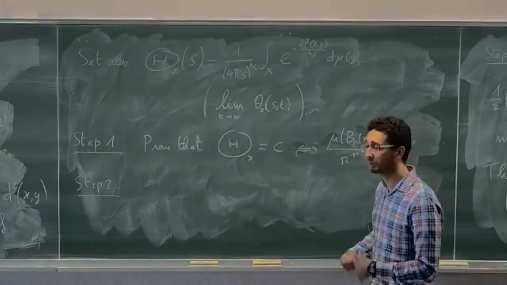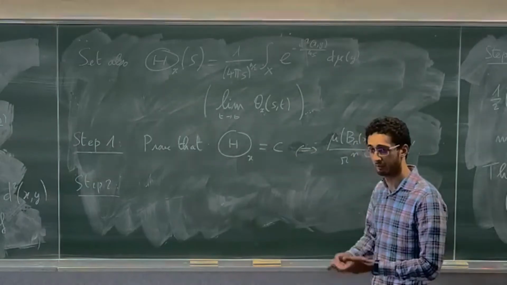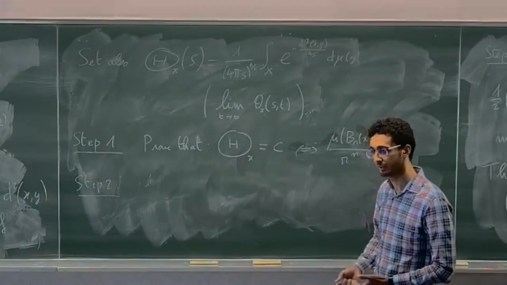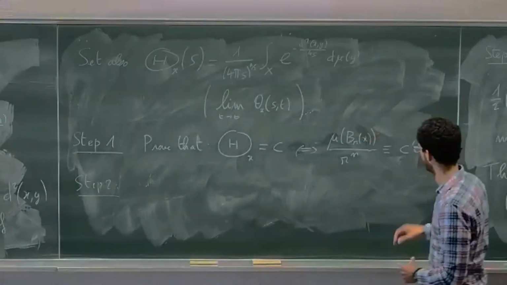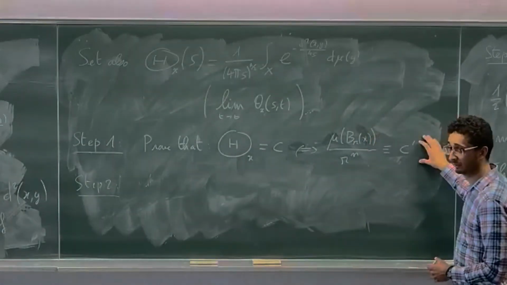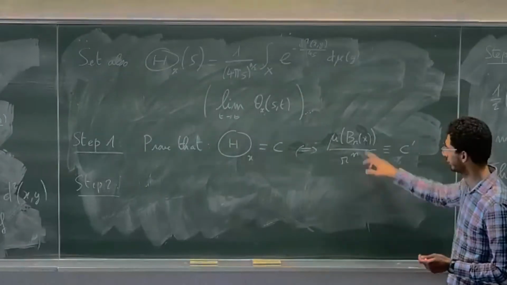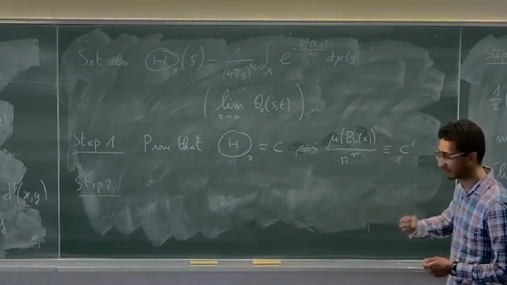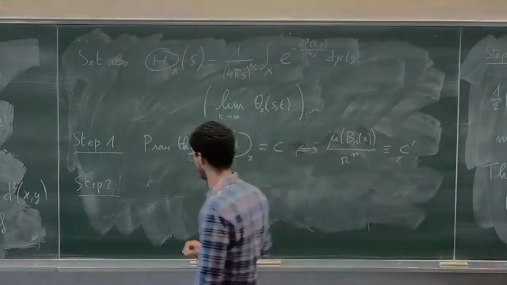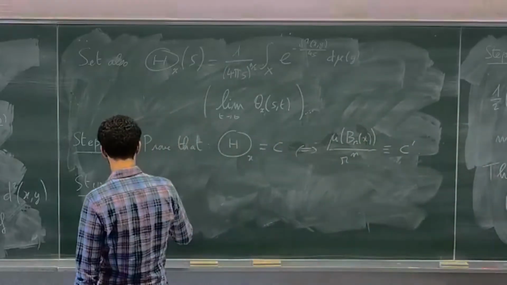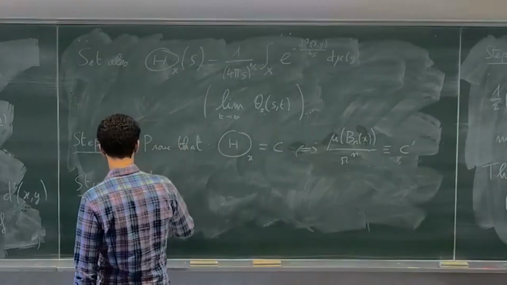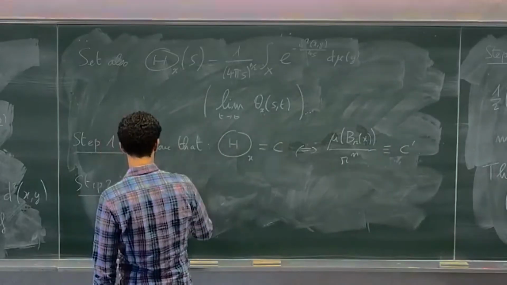And on weakly non-collapsed RCD spaces, there is a famous result by De Philippis and Gigli, which says that if this is true, then the space is a metric measure cone with tip x. So the idea is to use De Philippis-Gigli.